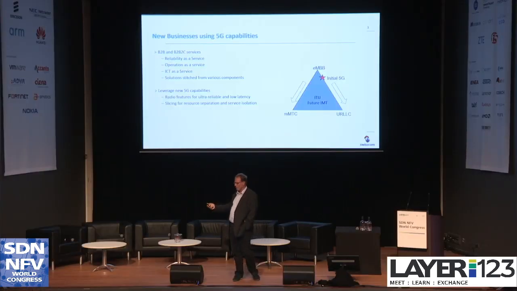But the new businesses are coming more in the B2B, B2B2C services, things like reliability, operational services, ICT, stitching together services out of different components, having these new 5G capabilities on IoT, low delay, slicing, and stuff you know. So these are new capabilities available for use in generating certain services end to end.